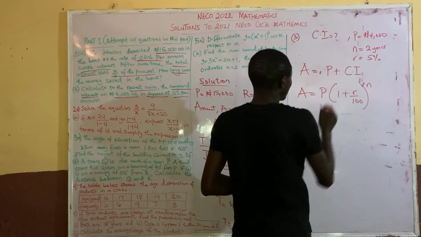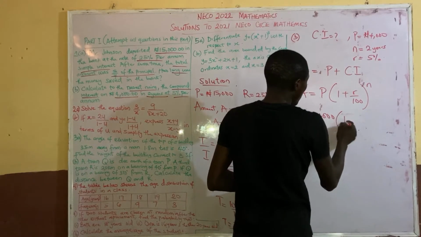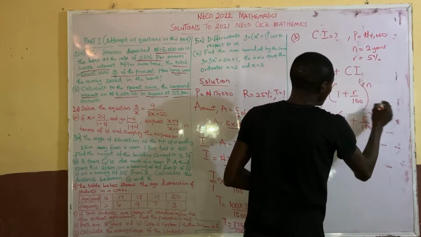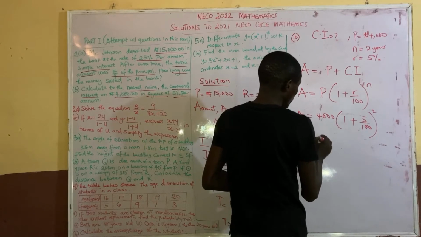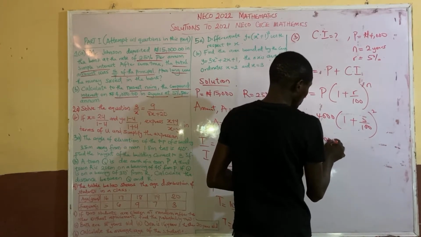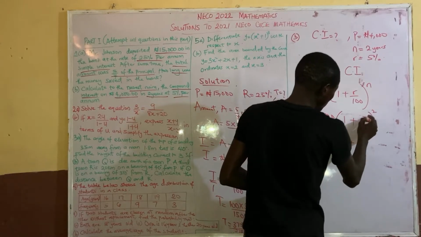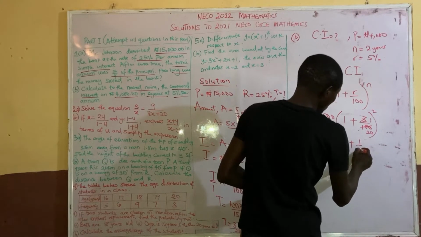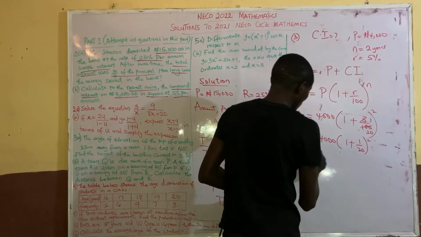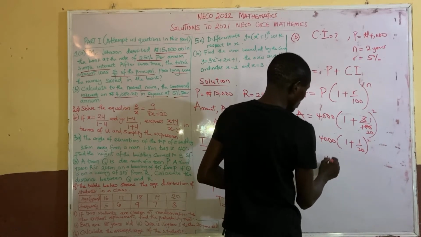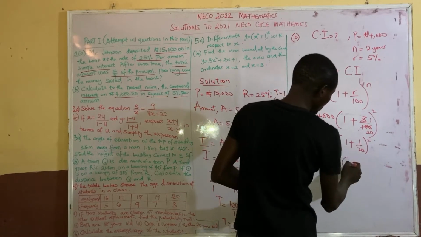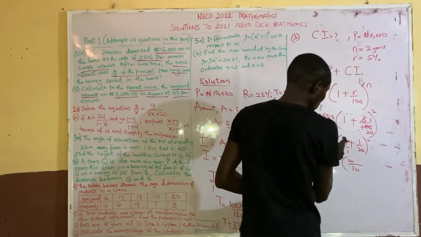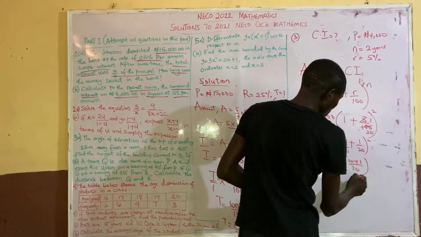So to calculate, just get the amount using this formula directly. We have your principal to be 4,000 and 1 plus 5 over 100. Our n here is 2. So we have 4,000 times 1 plus 1 over 20, all squared. The LCM is 20, so 20 plus 1 over 20 raised to power 2.